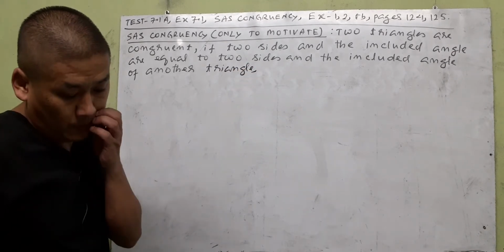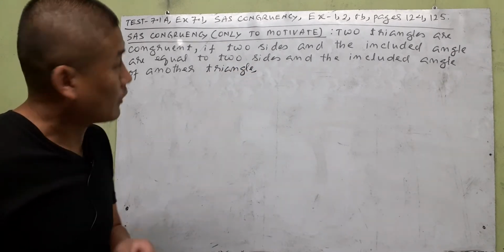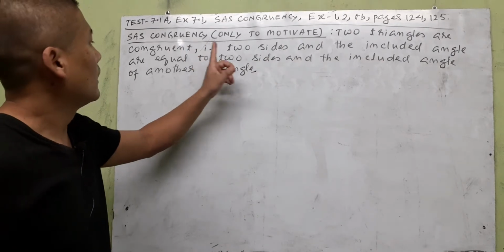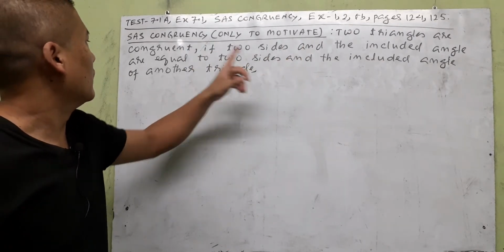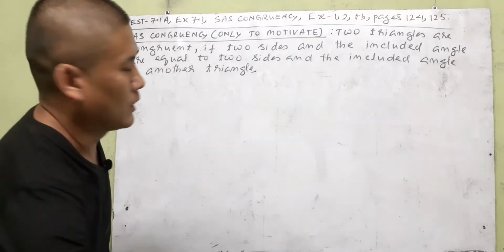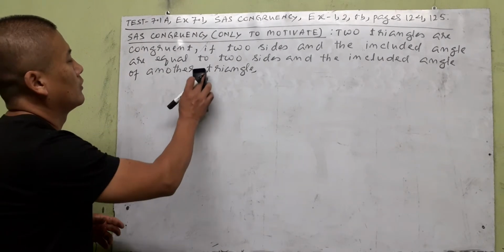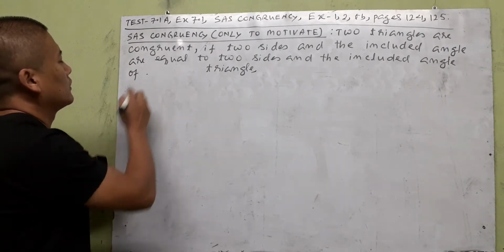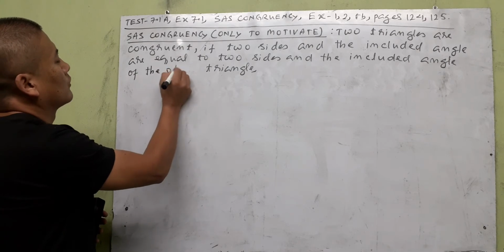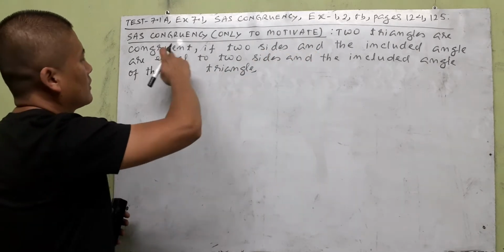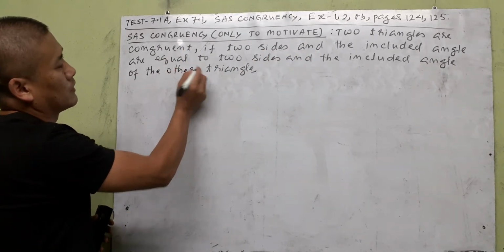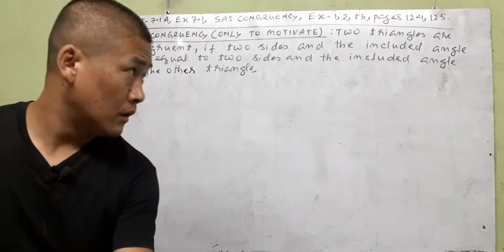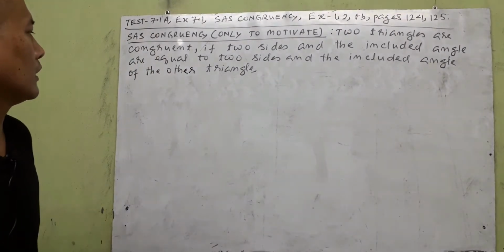Okay, then, two triangles are congruent if two sides and the included angle are equal to two sides and the included angle of the other triangle. That will be a better wording.